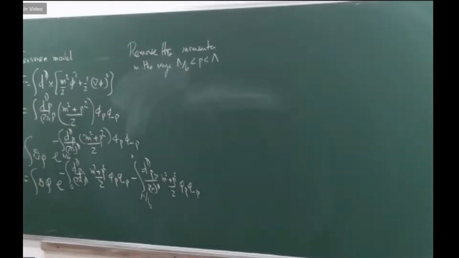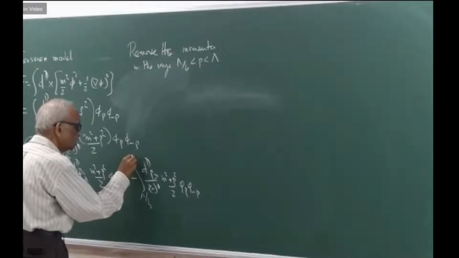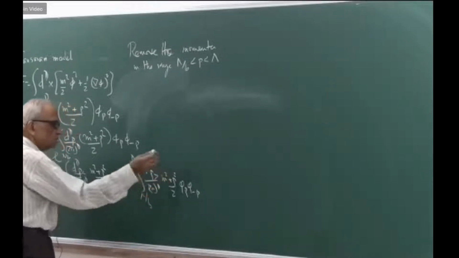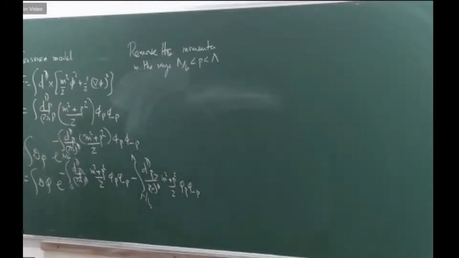So the point was that we can do this integral, a series of Gaussian integrals, which we get out of that. So it's some product over p equal to lambda over b up to lambda, of p square plus m square to the power half, and some numerical factors over here.